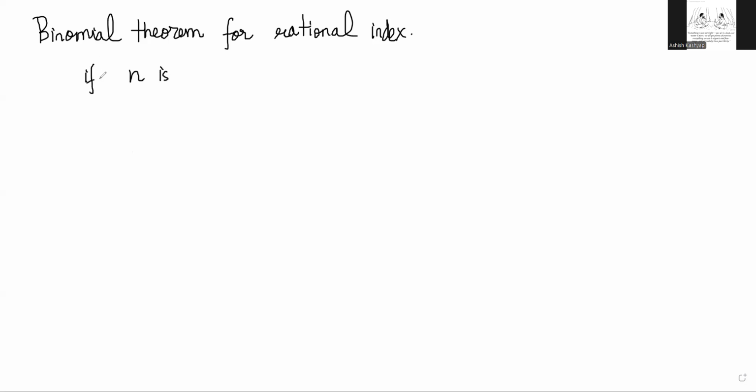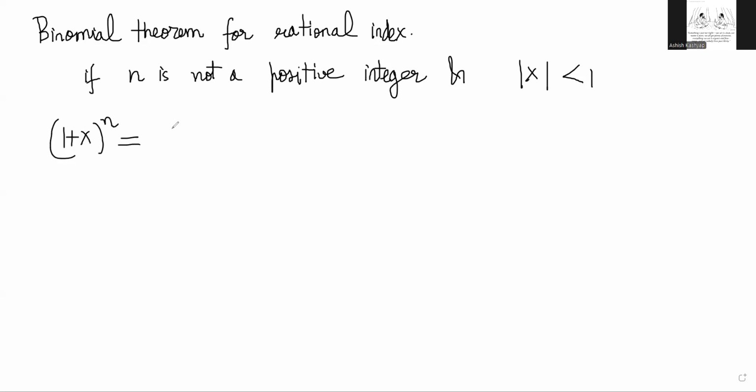There is also binomial theorem for rational index, for rational number powers. So far we had written binomial theorem for n being an integer. If n is not a positive integer, and the modulus of x is less than 1, in that case, for 1 plus x power n, we will not be able to write it as nC0, nC1, because nC0, nC1 are defined only for n being an integer.